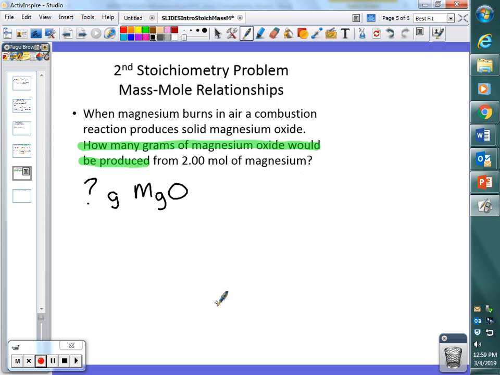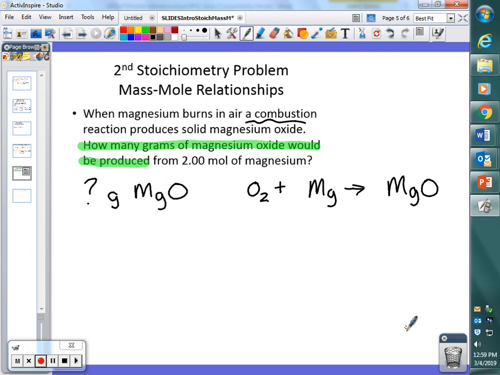So here, this is telling you that this is a combustion reaction. So that means, what does one of our reactants have to be? O2. If it's a combustion reaction, that means we have oxygen reacting. What is oxygen reacting with in this problem? Magnesium, and it produces magnesium oxide.